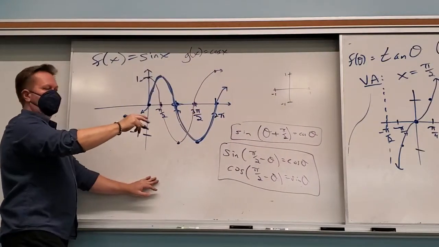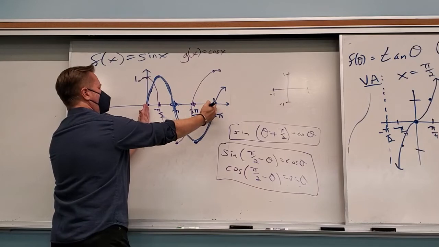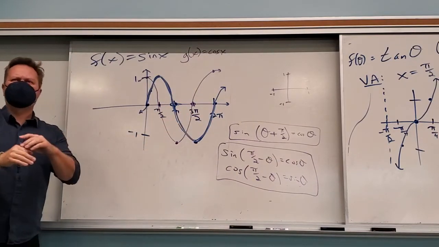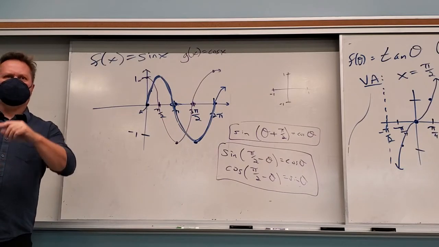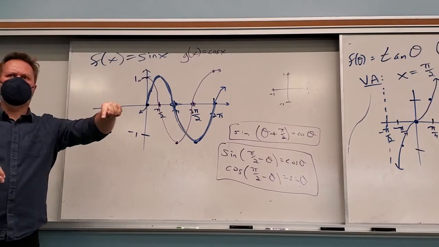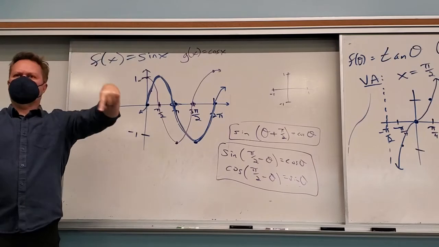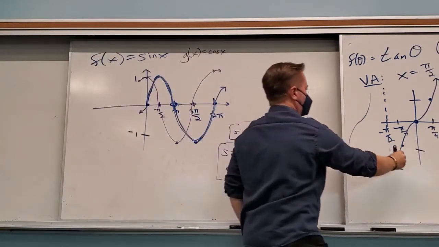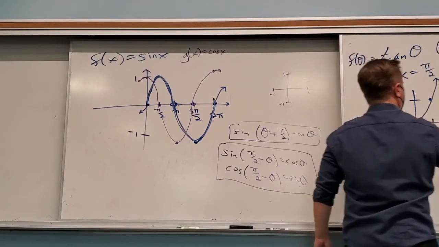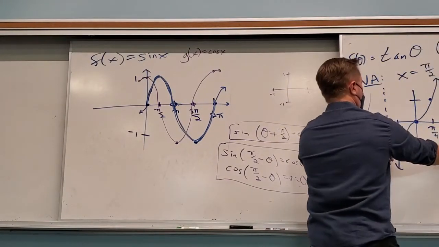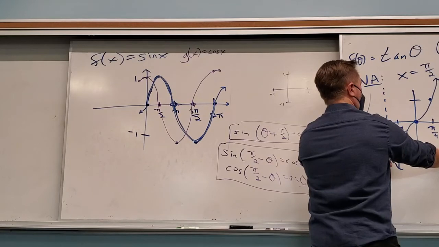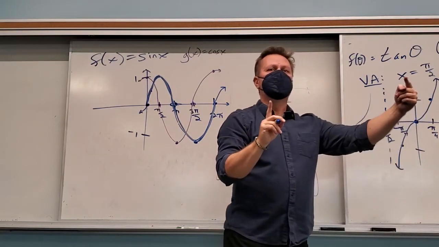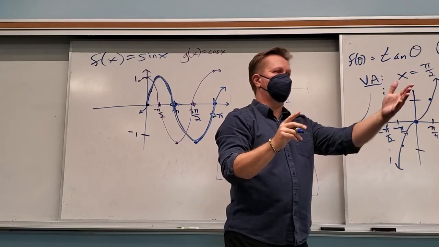How long does it take it to go through one complete picture? We call it a cycle. So a cycle just means how long does it take it to get through one complete piece of itself? For sine, 2 pi. How long does tangent take? From negative pi over 2 to pi over 2, how far apart is that? A full pi, right?